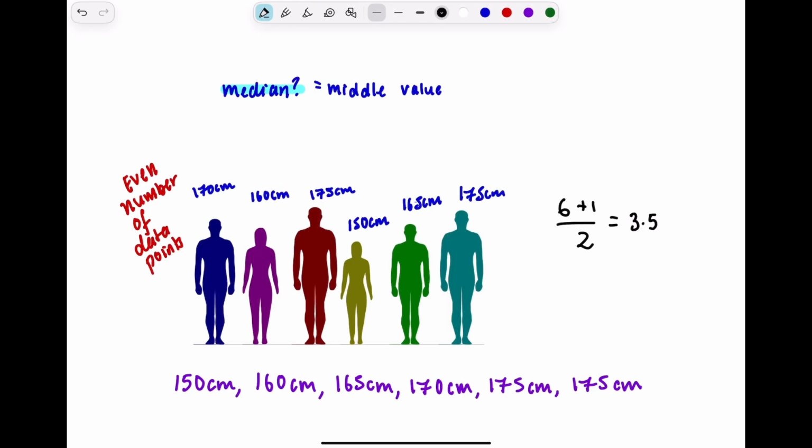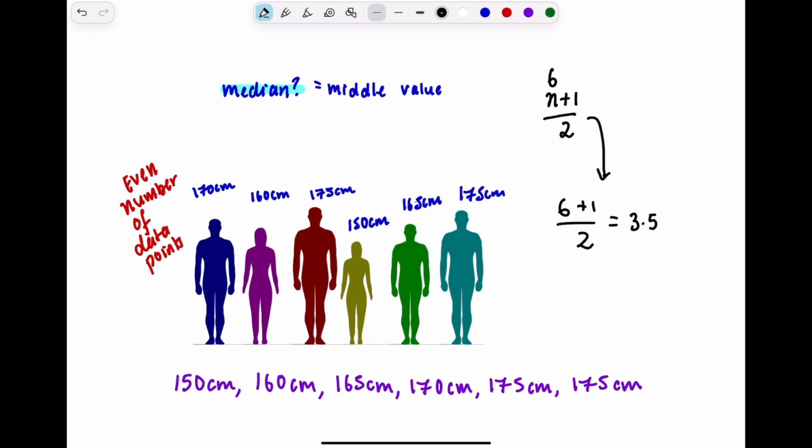But what do we do if we have an even number of data points? In the previous example, we had 5 individuals, but here we have the heights of 6 individuals. And if I was to use the rule n plus 1 divided by 2 and sub in 6 individuals, I'll end up with the value 3.5.